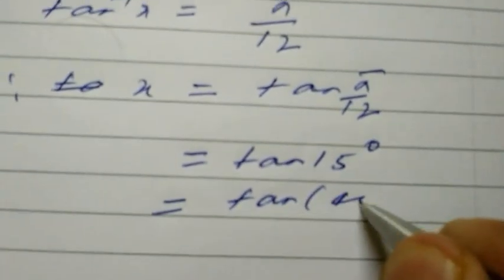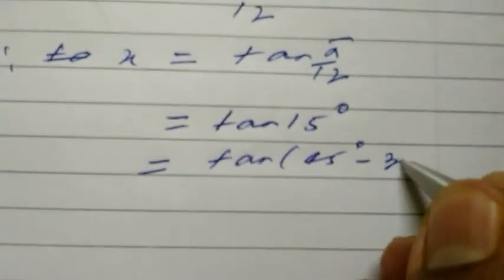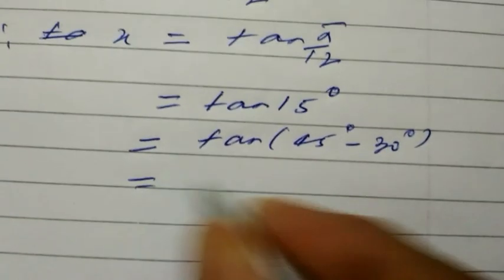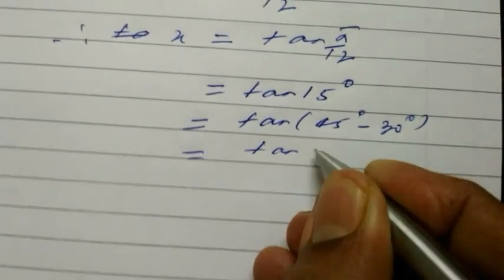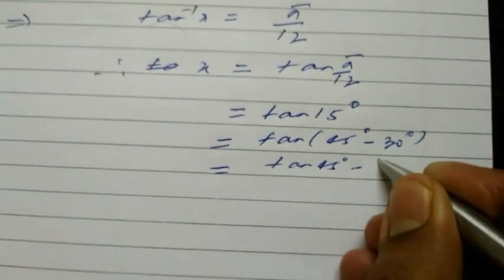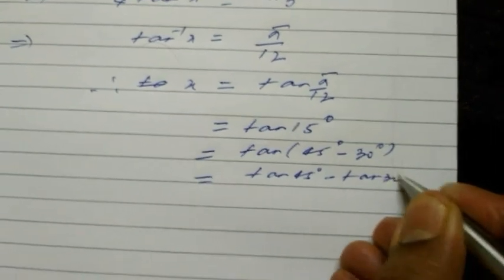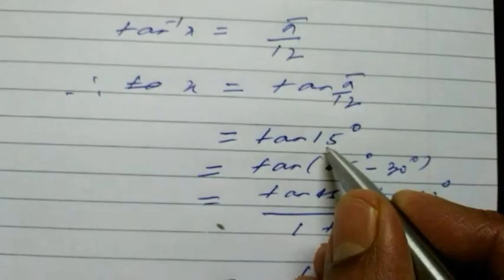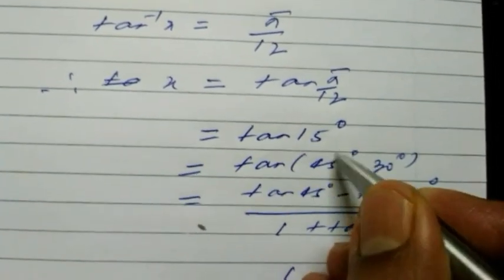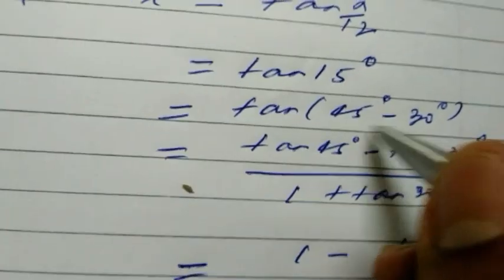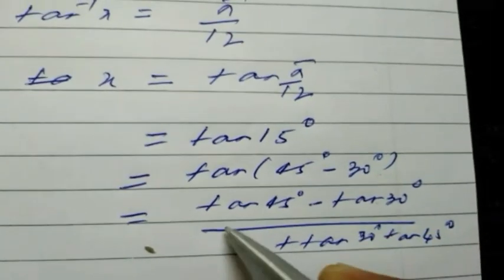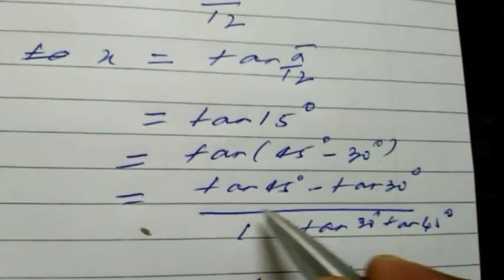We can find it by 45 minus 30 degree, and the tan of (a minus b) formula can be applied here.